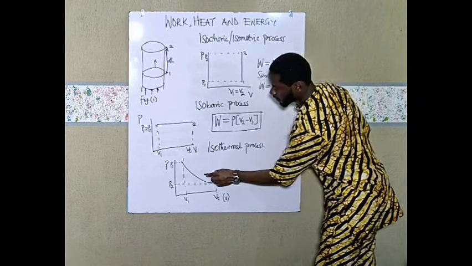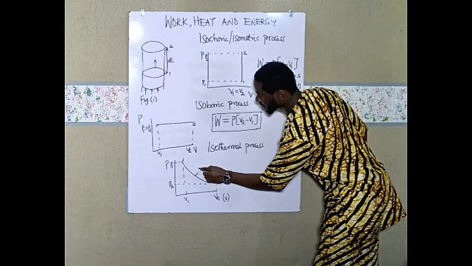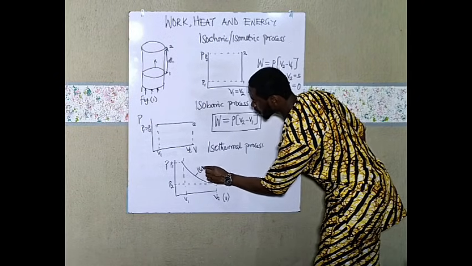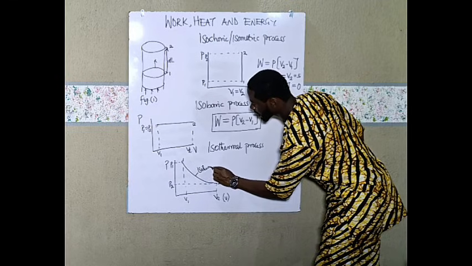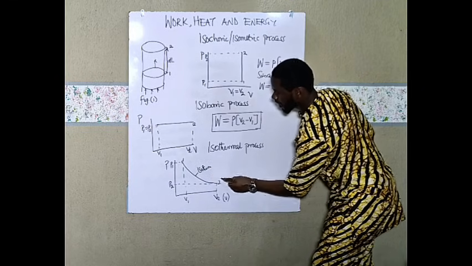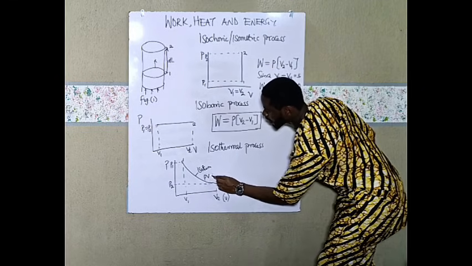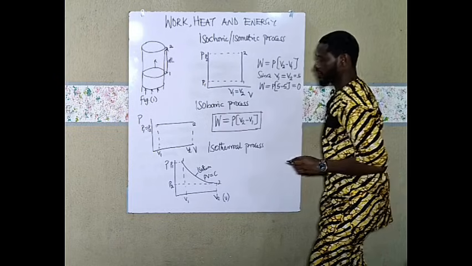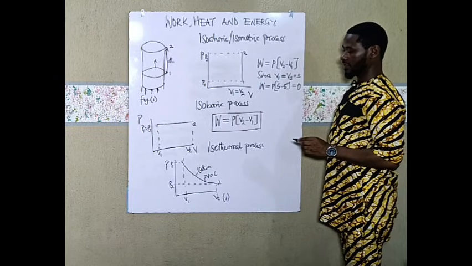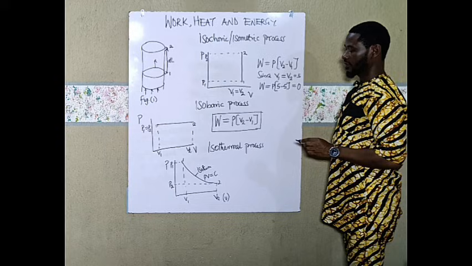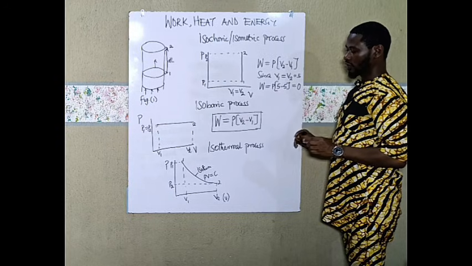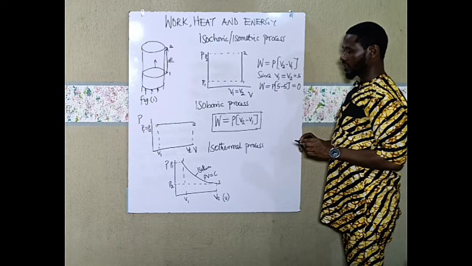The line is called an isotherm. And the expression is given that PV equals C. That C in that case is referred to as the constant, since the temperature is held constant.